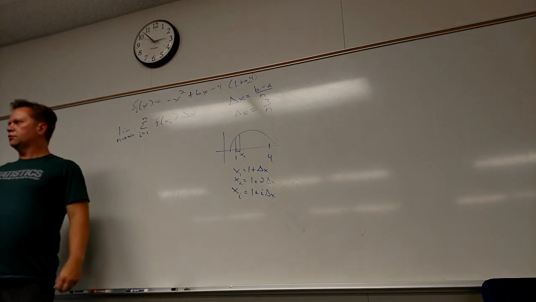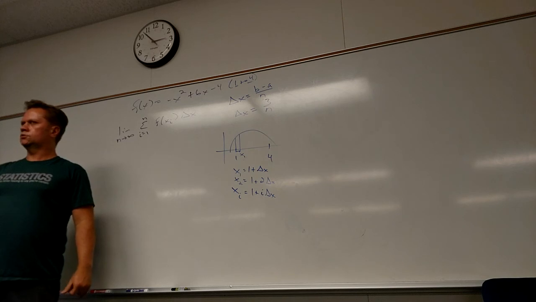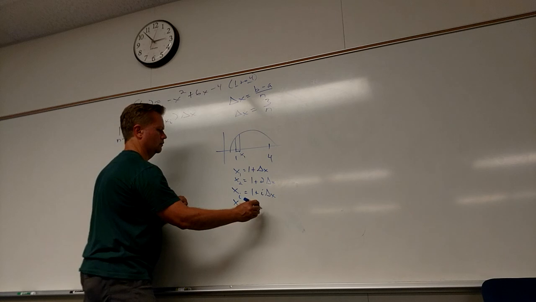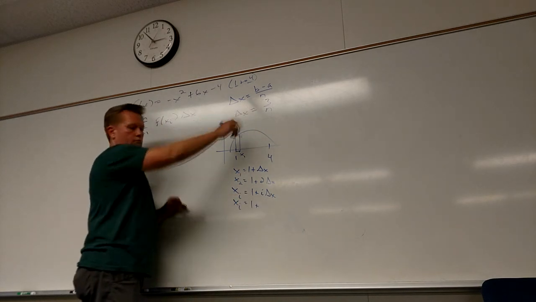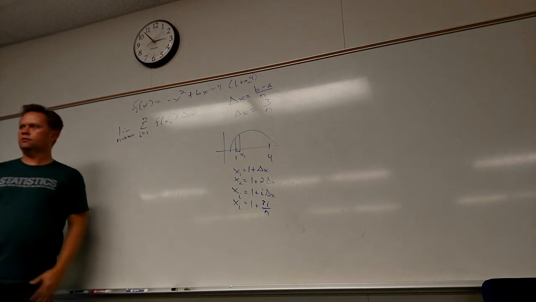Like the last one we do would be 1 plus n delta x, right? Okay. And now I can be even better. What's delta x? So this will be 3i over n. So it's 1 plus 3i over n.